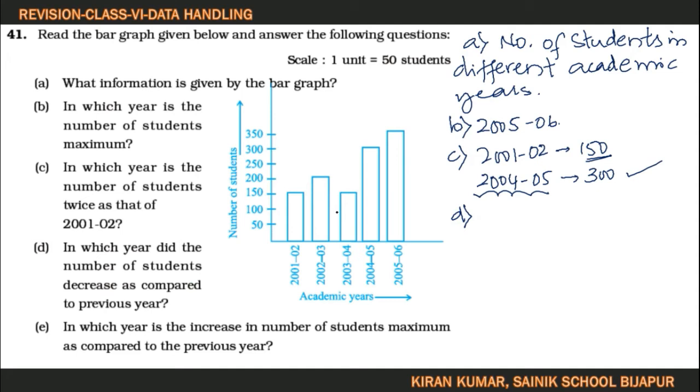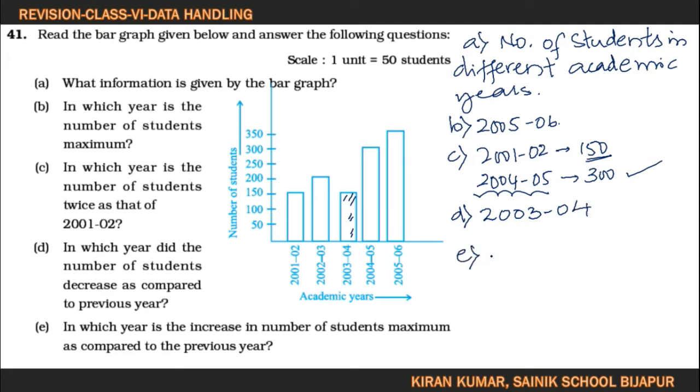The previous rectangular length of the height is larger compared to 2003 to 4. So in this particular year, it has decreased. So the right answer is 2003 to 2004.